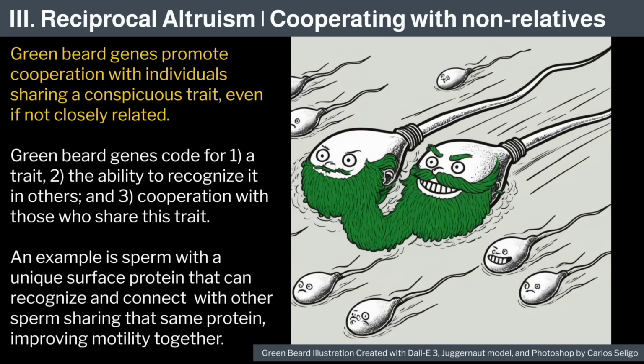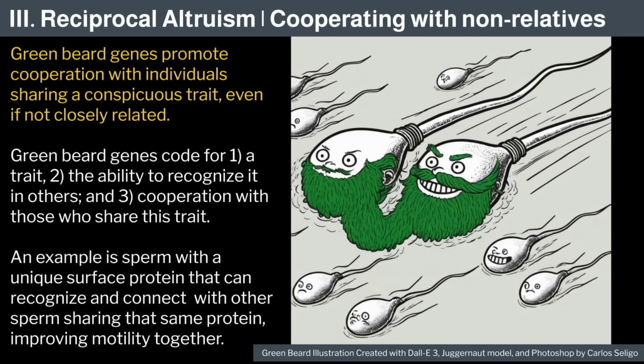What it does is it generates a conspicuous signal from you, your green beard. It also generates the same exact thing in anybody else in the population who happens to have that gene. So first requirement is you display your greenbeardness.